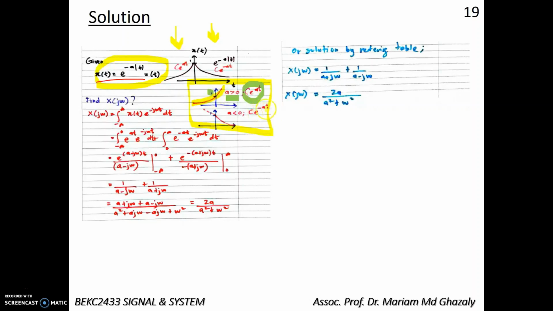Okay, and let's look at another example, which is when you have C e to the minus a t. C is the magnitude here, still the same thing, you have the cross-section, and you see here that the value for a is less than 0, which is a is minus 1. So it means that you will have the decaying exponential.